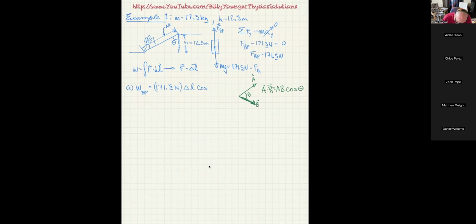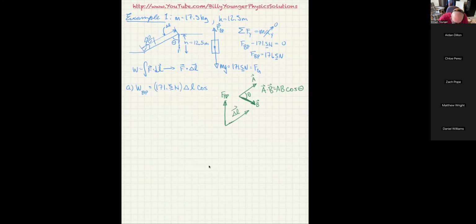If we look at our diagram, we see a vector that's like delta L vector there. And what we see for the force that the backpacker applies is that the backpacker is really just applying a force upward. So this is the force of the backpacker.